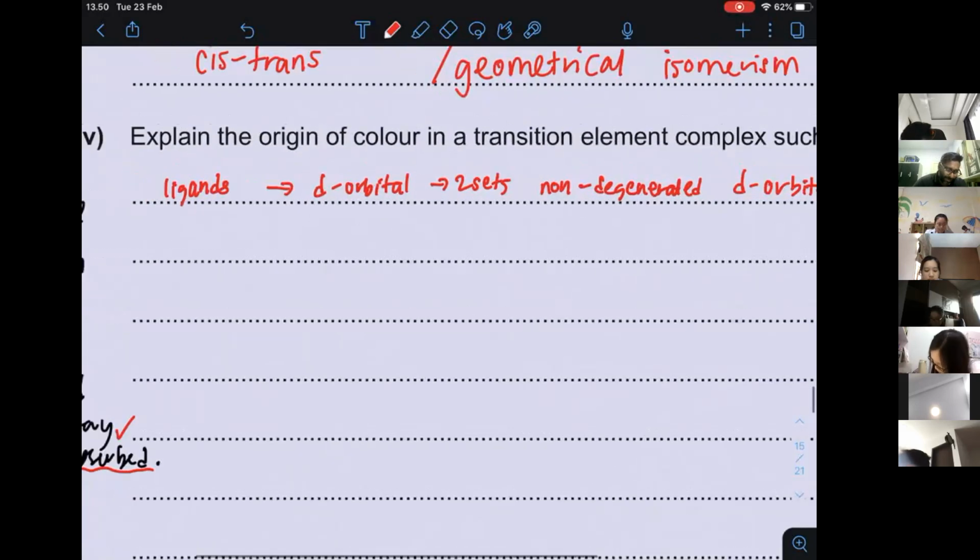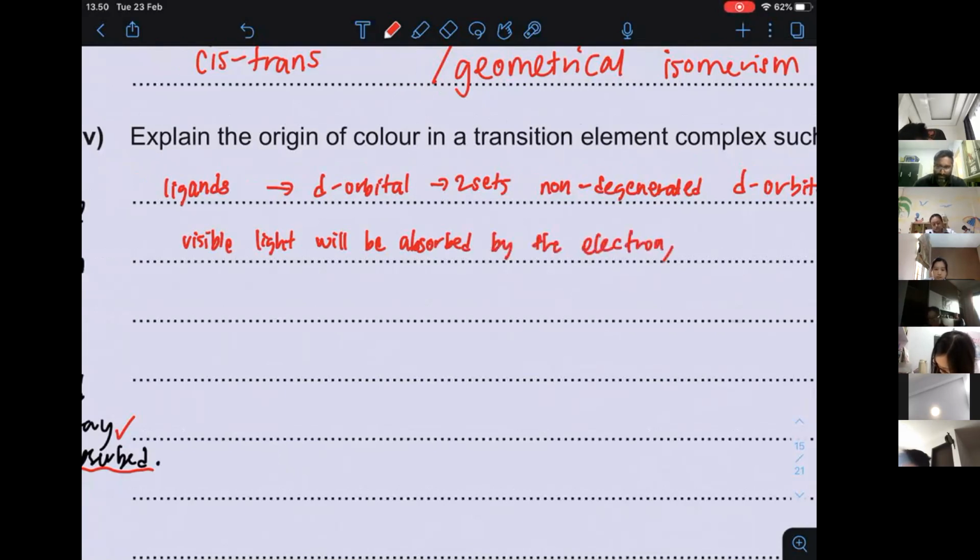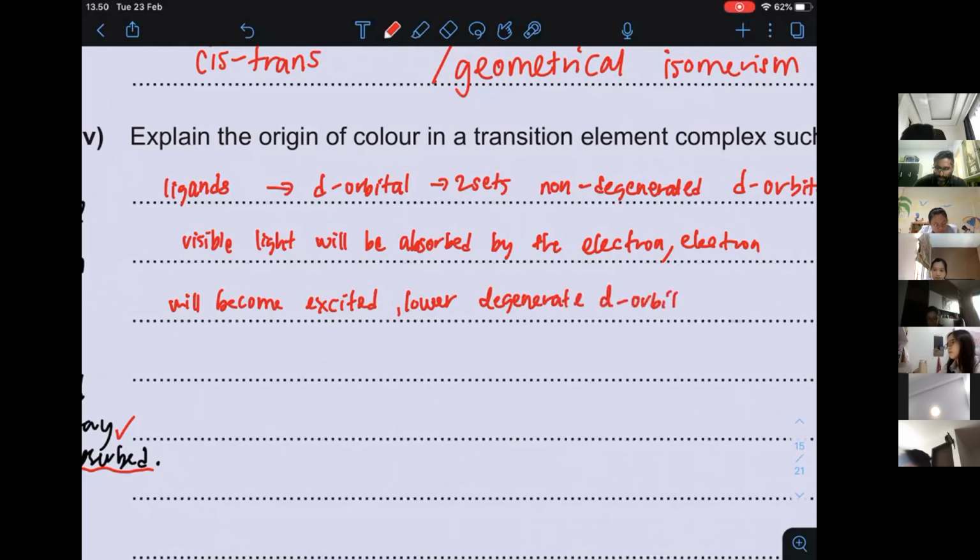So the visible light will be absorbed by the electron, where the electron will become excited or promoted, and they move from a lower d orbital to a higher d orbital.